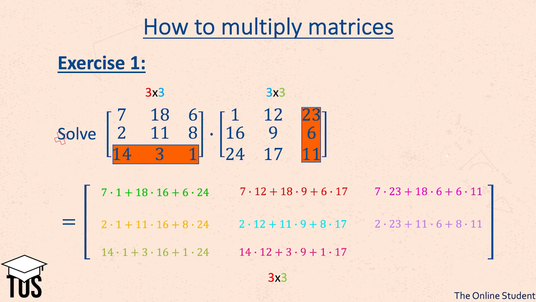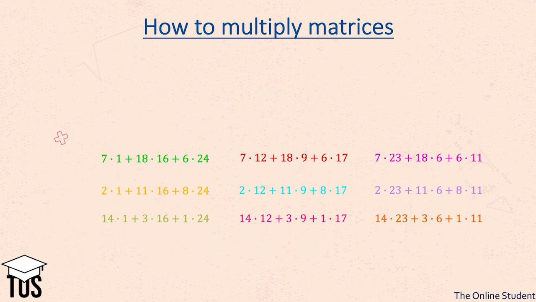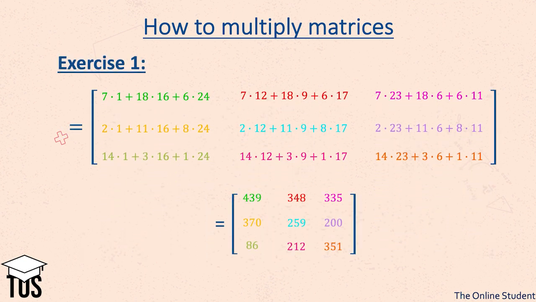And this will be 14 multiplied by 23 plus 3 multiplied by 6 plus 1 multiplied by 11, and this will go in the third row and third column of the resulting matrix. Now, if everything went well, we can calculate the elements of this corresponding matrix, and then you should get this result.